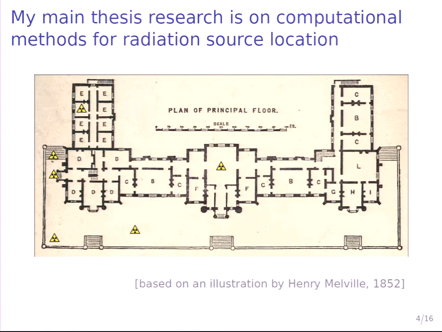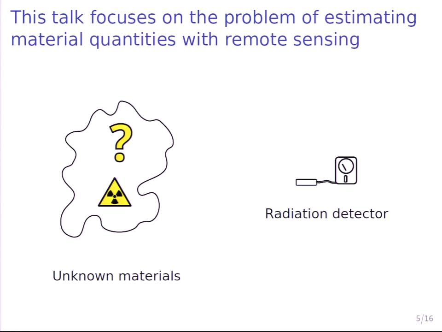However, I'm going to hopefully zoom in on a smaller problem today that's a little more digestible for 15 minutes and talk about what happens if you have maybe a crate and you know from detector measurements that there's some type of nuclear materials in there, but you can't open the crate. And so the question is, what's in there and how much of it is in there?